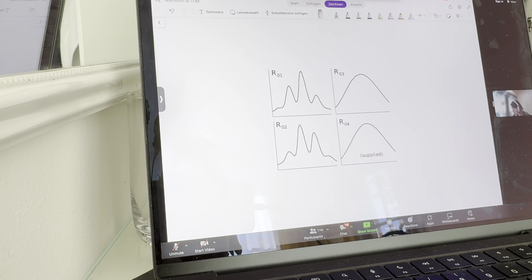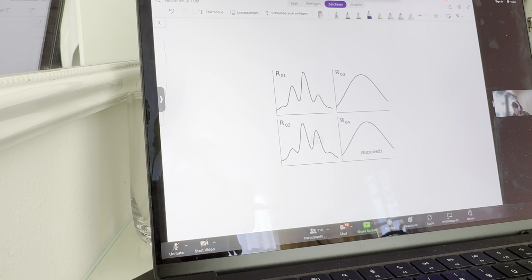So R01 just means that a photon pair was detected at detector 0, so this will always happen, and detector 1.